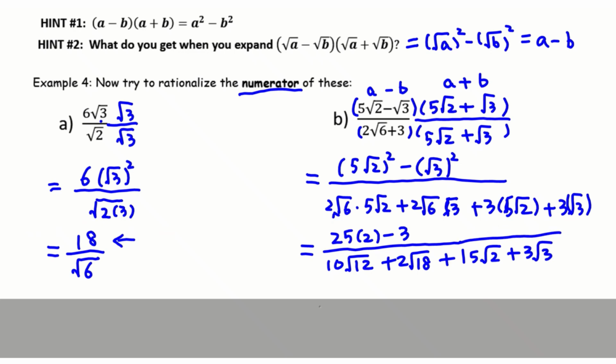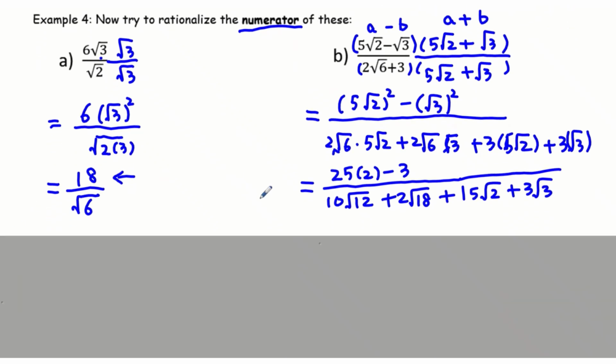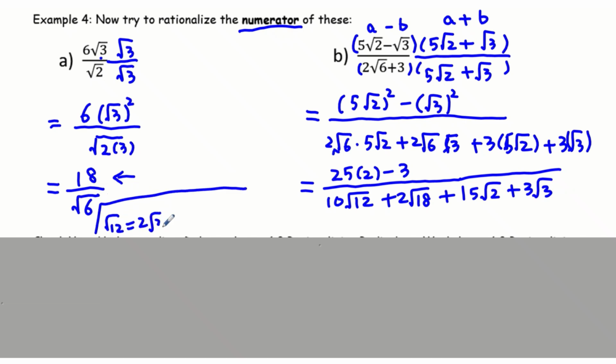Then we have to simplify it. So equals 10 square root 12 gives you 2 square root 3. So this one, we are going to use this side to do the rough work. It's 2 square root 3, 18, we have 9 in it, so square root 9 is 3, 3 square root 2.